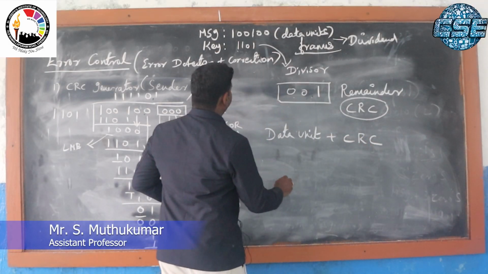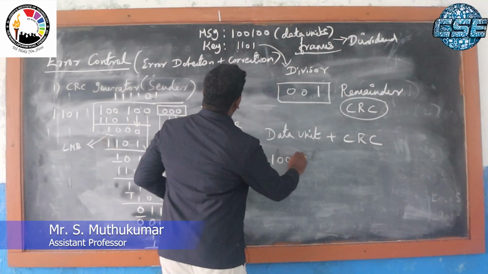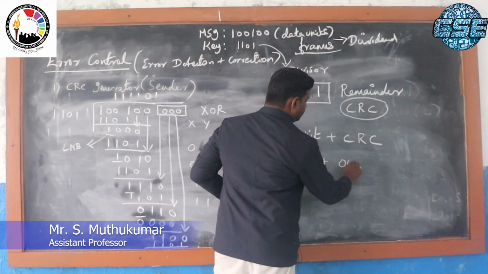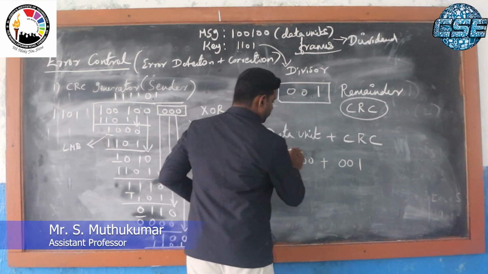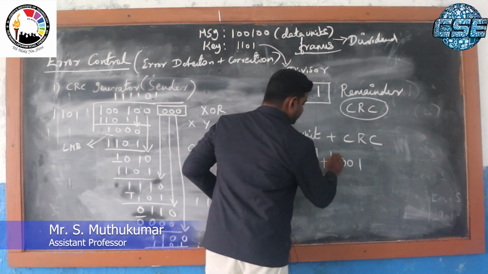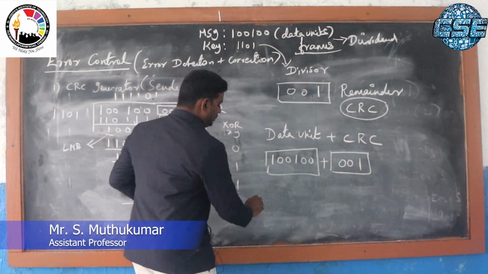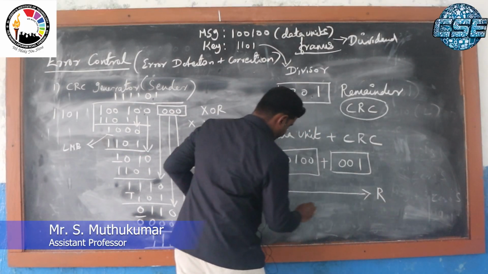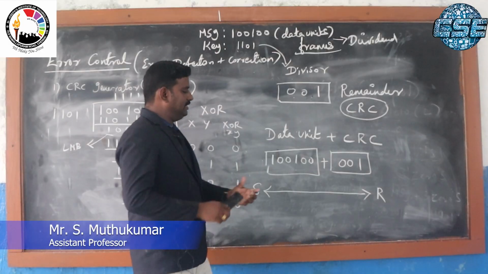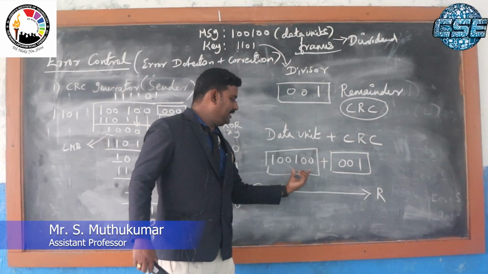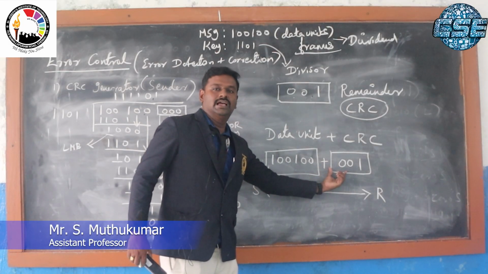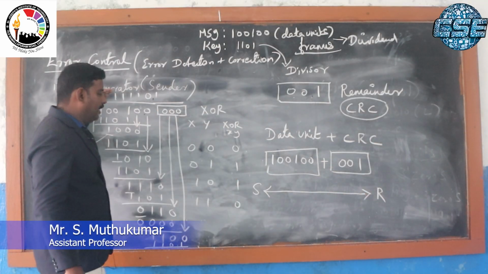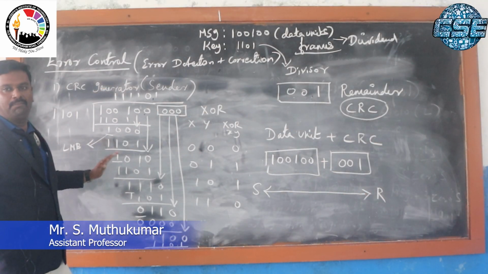So here our data unit is 1000100. So here we are going to add 001. So this is your data plus CRC. So this is sent from sender to receiver. At the receiver end, the message with the CRC is taken by the receiver and the same binary division operation will be applied.